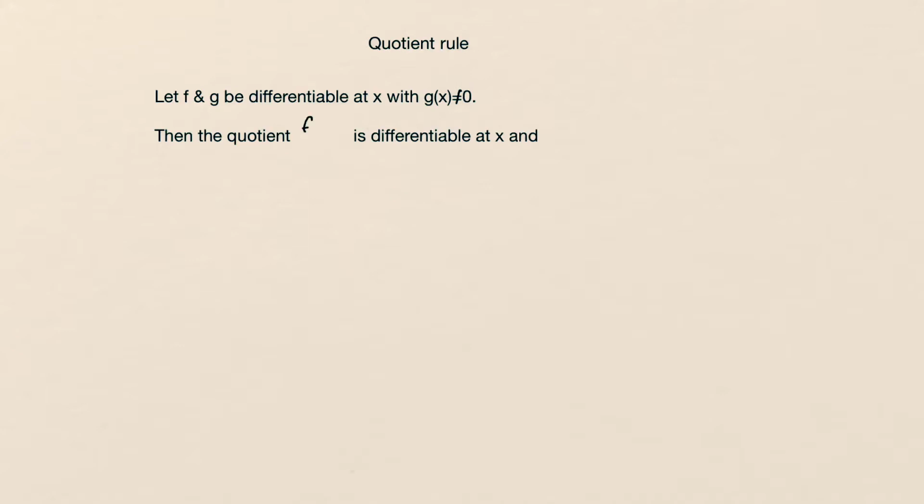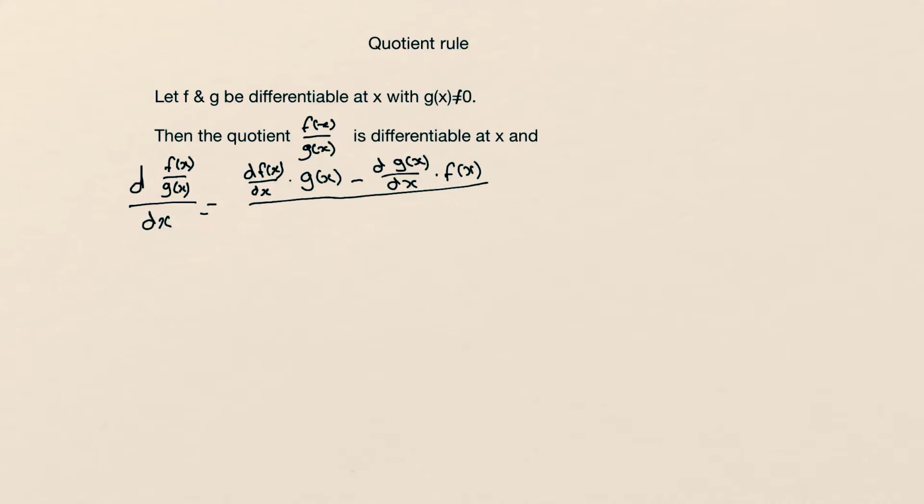So the quotient f(x) divided by g(x) is differentiable at x, and the derivative of the quotient with respect to x is equal to the derivative of f(x) with respect to x times g(x), minus the derivative of g(x) with respect to x times f(x), all over g(x) squared. And this now is what we call the quotient rule.